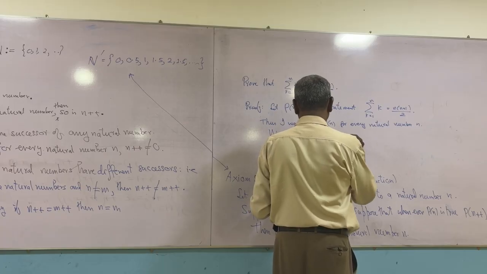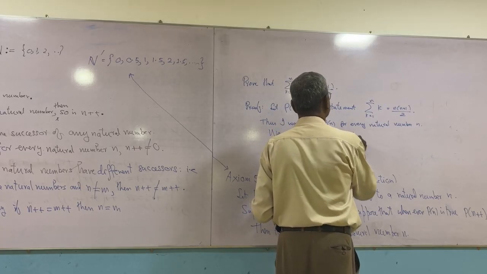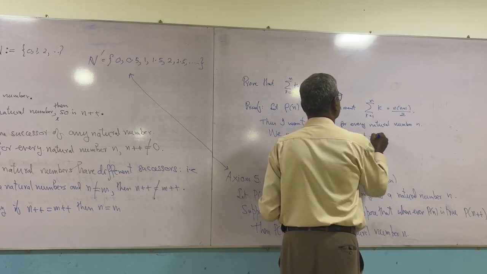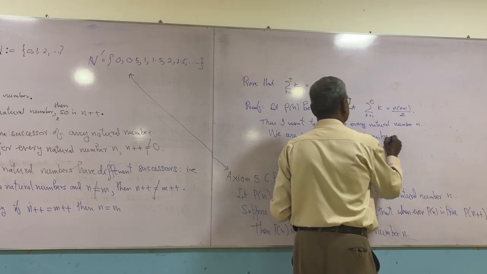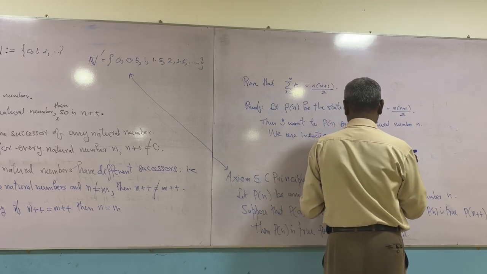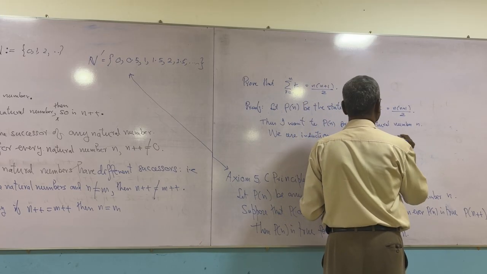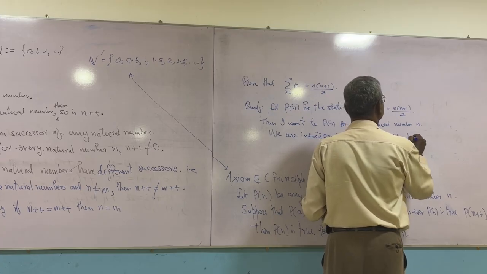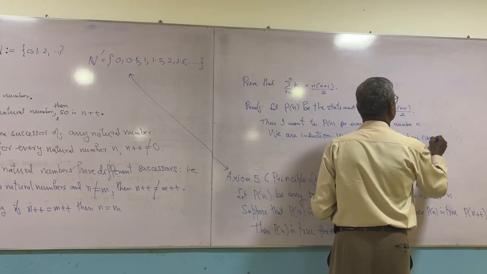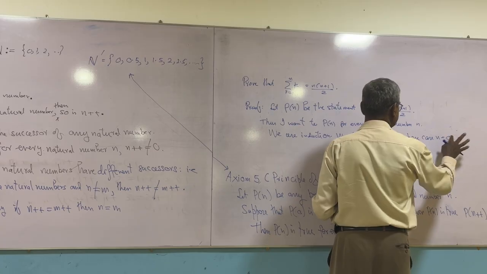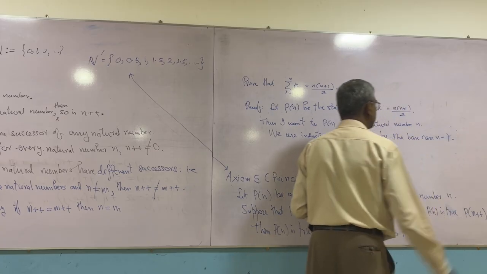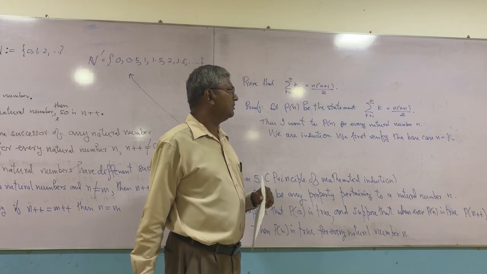In the A level one, we first verify the base case, n is equal to 0. Or in our case n is equal to 1. Our base is 1.